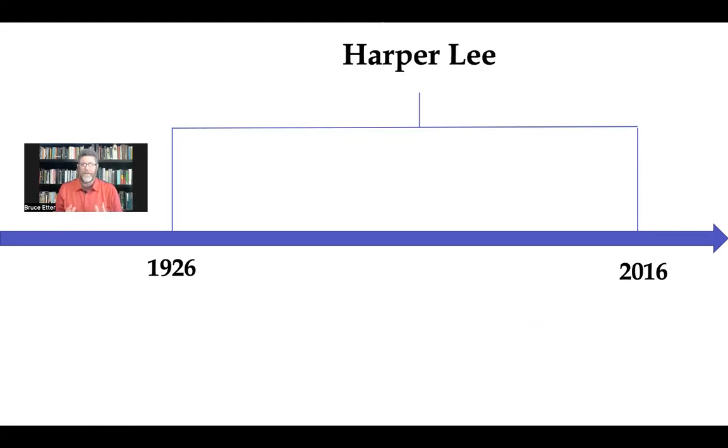Everything that happened inside of this box happened during the lifetime of Harper Lee. Yeah, I know. It's after World War I, of course, but World War II, the Korean War, Vietnam, the Cold War. I mean, who knows how many presidents that she lived through, but she died in 2016.